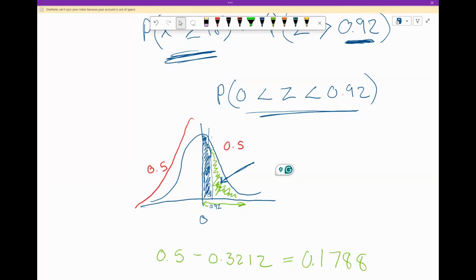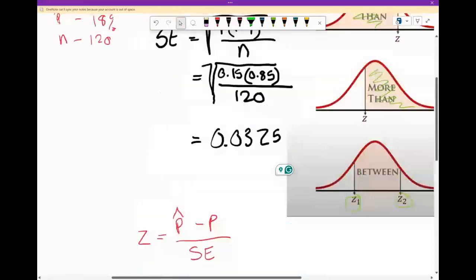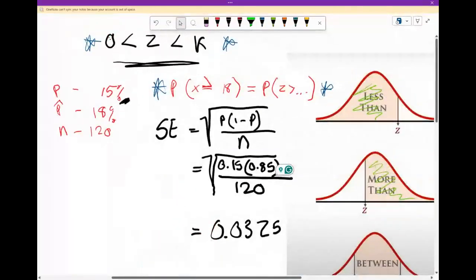This is now speaking to your question. Before we get to answering you, we know that under this curve, all the probabilities are equal to 1. But again, we know that when we are looking at Z scores, 0 is less than Z is less than K. Our Z score is between 0 and K. We know 0 is the halfway point.